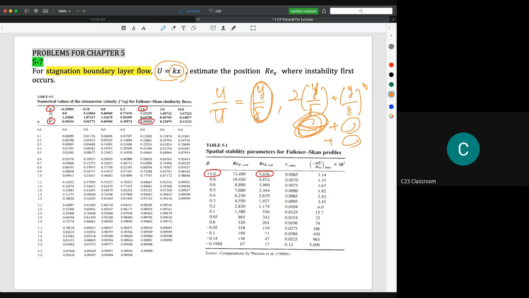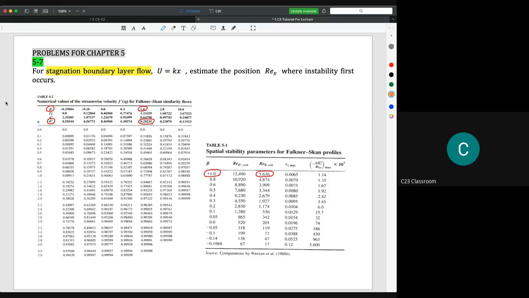So we will learn in chapter 6. We'll have a single term with a certain value of power. We call it a power law and so on. So it means that it can be simplified that for transition and also for the turbulent, we will take U equal Kx as our common assumption for our velocity.